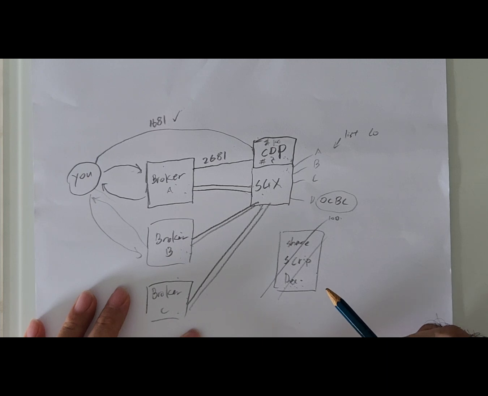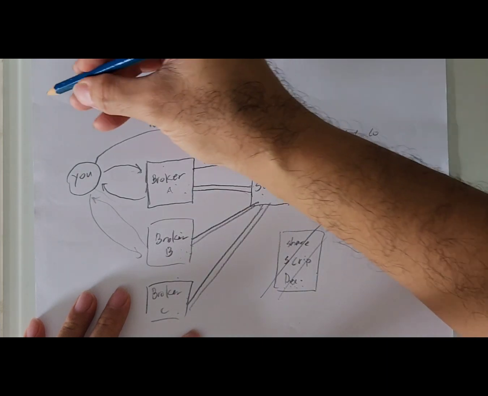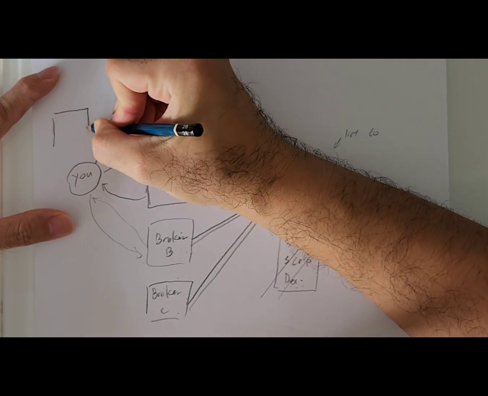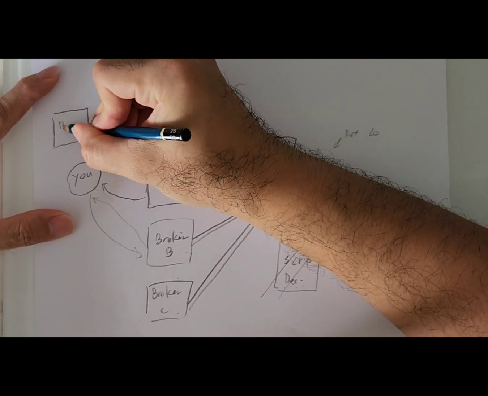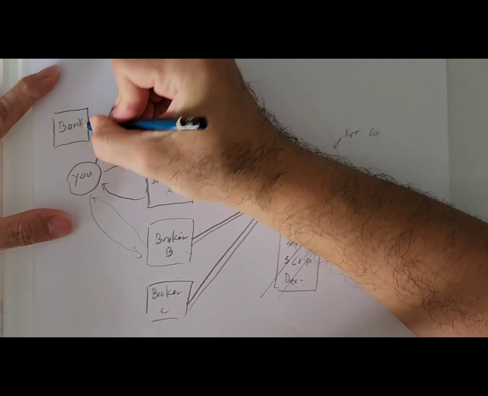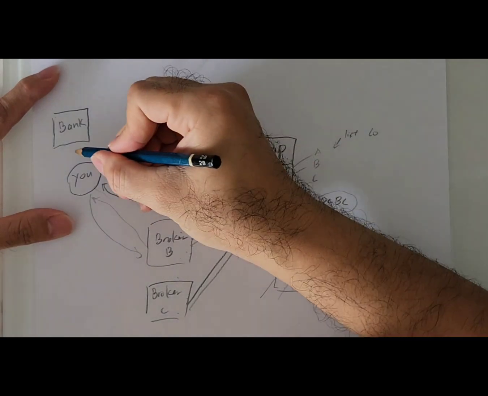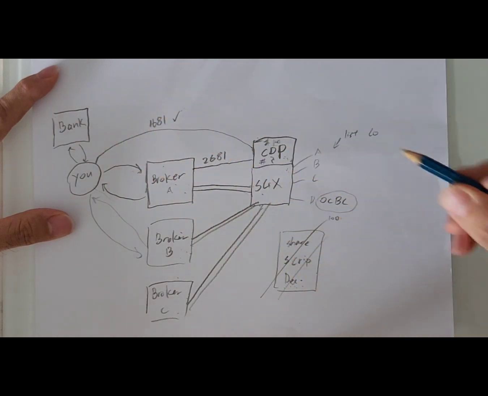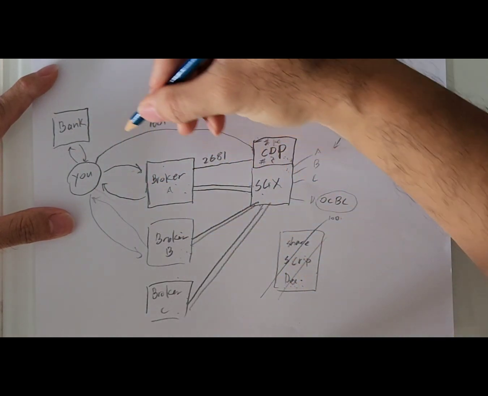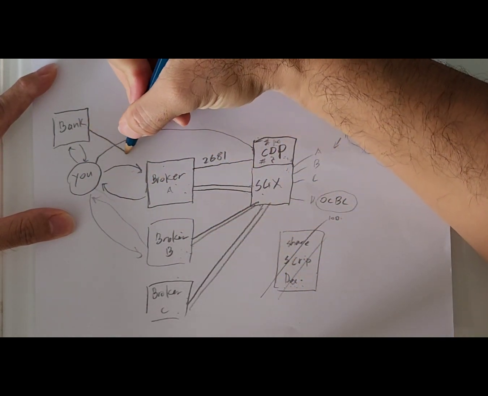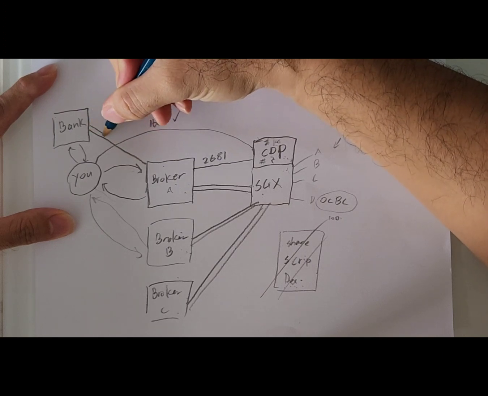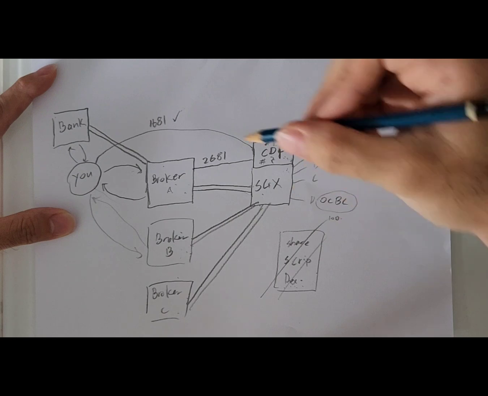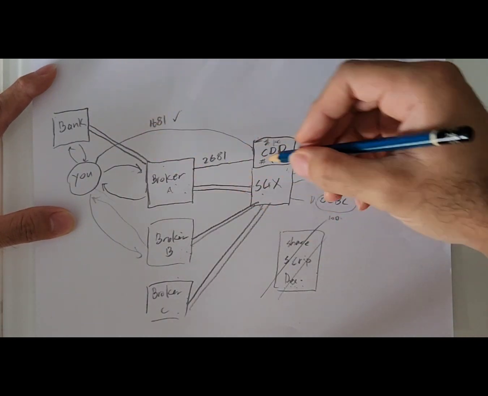Then you will have a bank. There's another institution, so let me draw another box. The bank also has a fluid relationship with you, but you will need to link your account mechanically to the broker, and this is the recommended method.